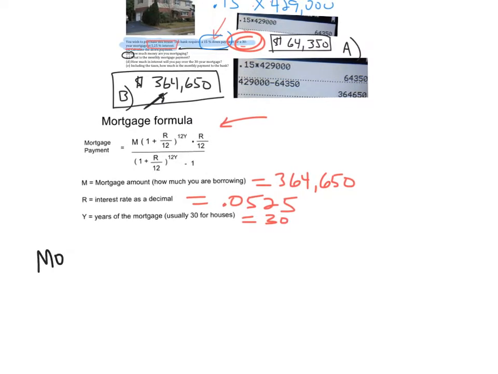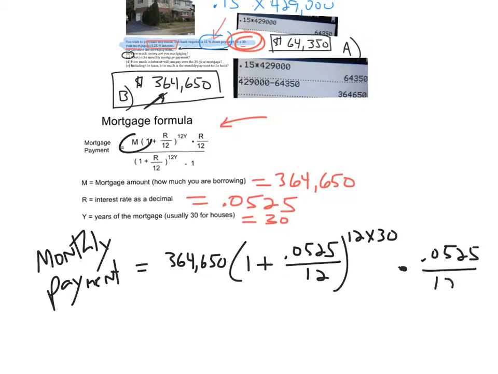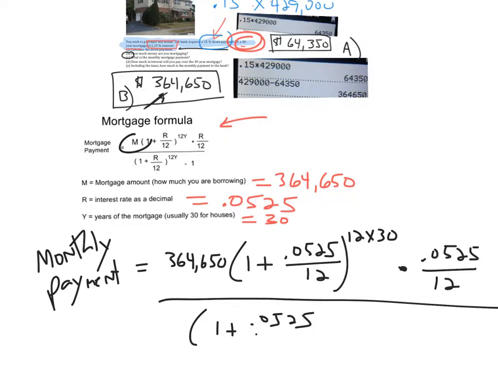So here, because you pay your mortgage per month, the monthly payment is equal to M, which is that $364,650, times parentheses 1 plus R over 12, 1 plus 0.0525 over 12, raised to the 12 times Y power, so 12 times 30th power, times another R over 12, so times 0.0525 over 12, all over 1 plus 0.0525 over 12, raised to the 12 times 30th power, take away 1.